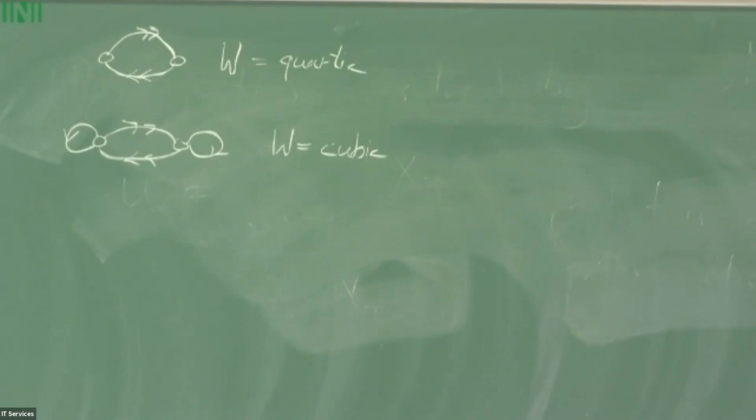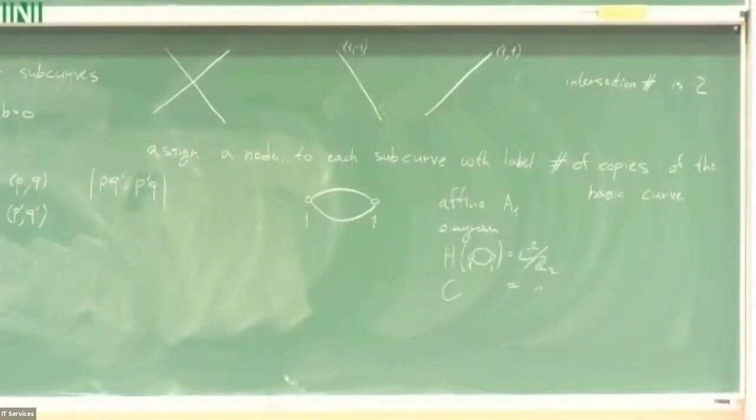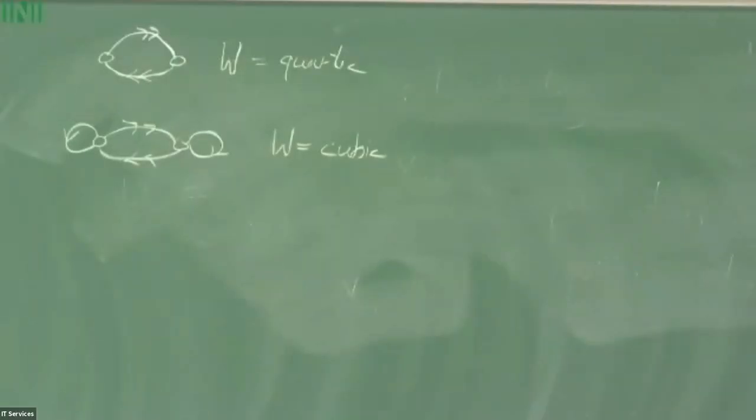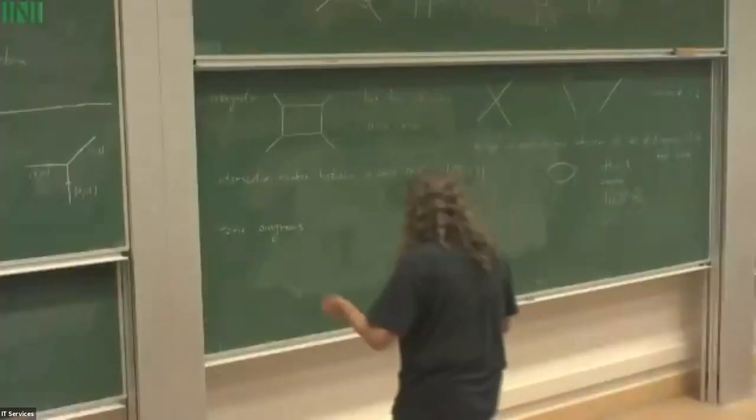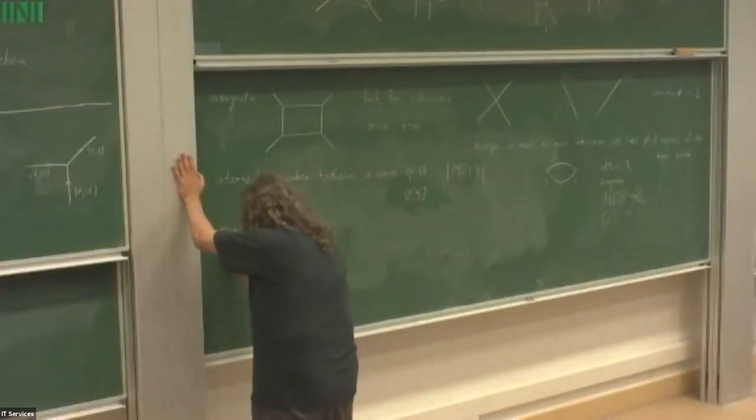Okay, so let's make the connection to toric diagrams. There is a one-to-one correspondence between a tropical curve and a toric diagram. Take the following dual graph.